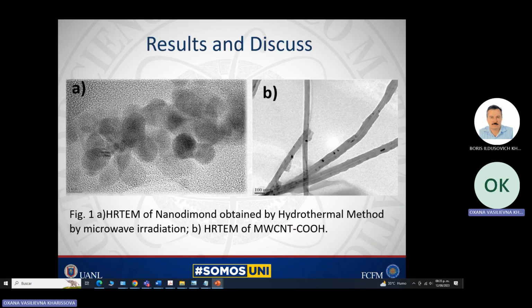In this slide, we can see the result of nanodiamond obtained by the thermal method by microwave irradiation. We have sizes of 4, 5, and 10 nanometers. Here we have a transmission electron microscope image of multi-wall carbon nanotubes with a hydroxyl group.